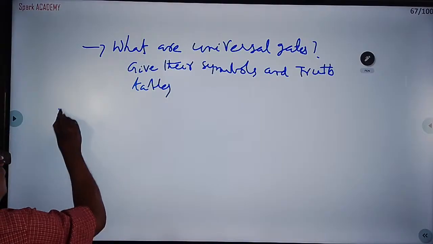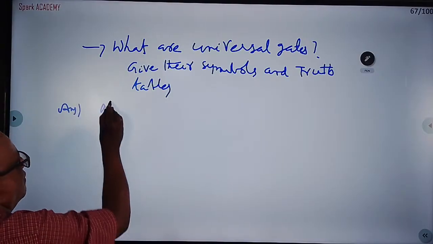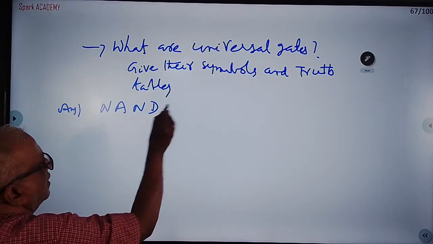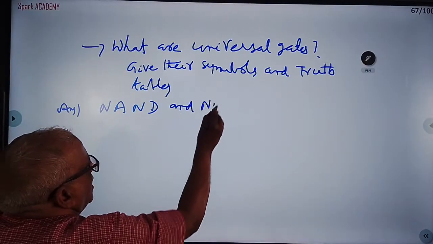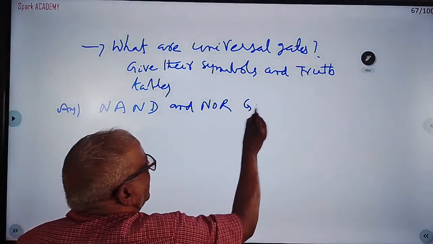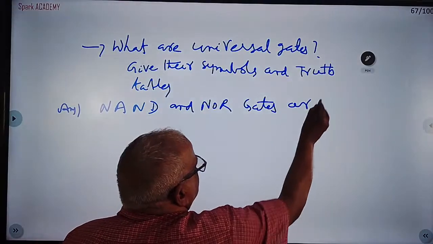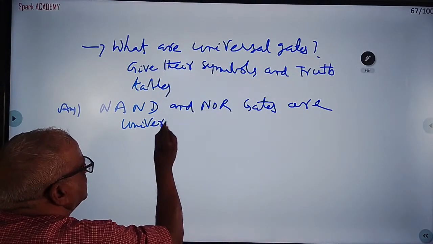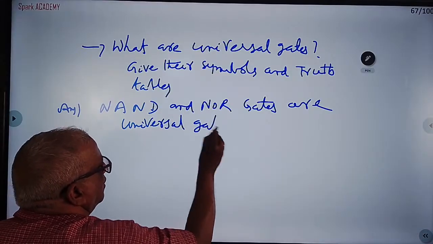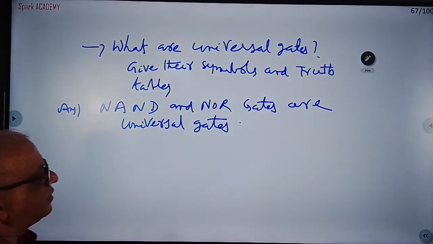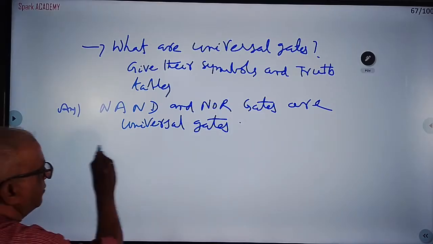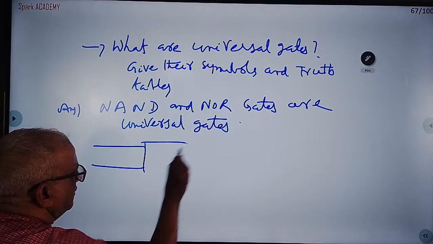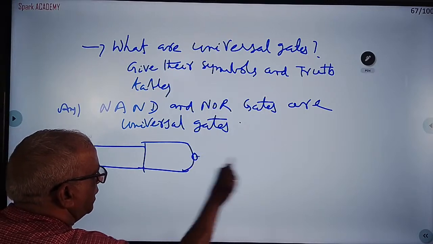So what is the answer? NAND and NOR gates are universal gates. Symbol: I am writing the NAND gate symbol. This is the NAND gate symbol. You keep a circle.